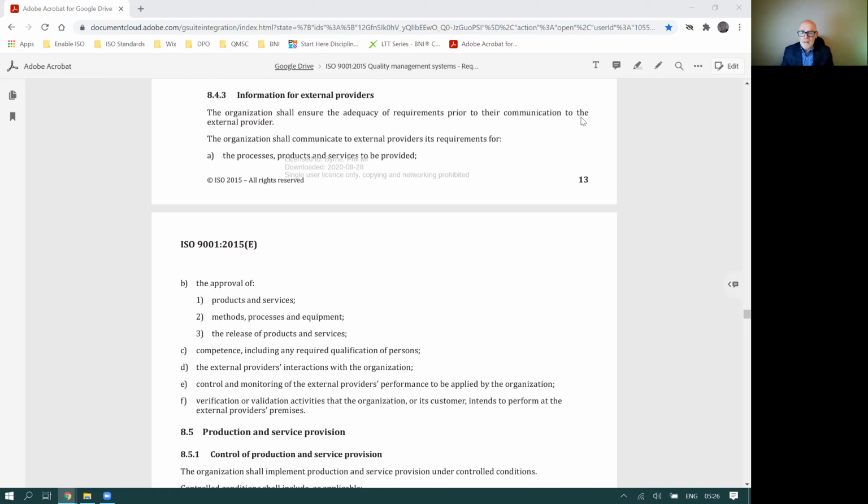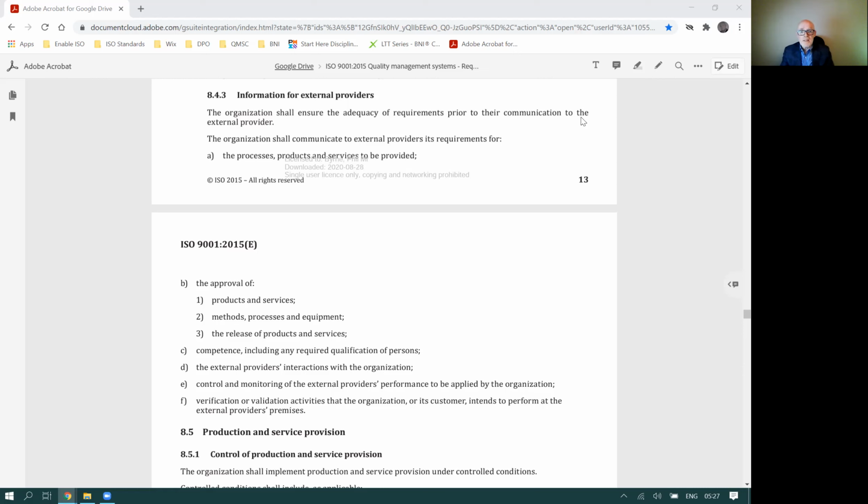Because there could be a requirement to include a non-disclosure agreement, and there could also be a requirement for a data processing clause within that service level agreement. So be thinking contractual arrangements when you're reading through and trying to understand information for external providers. The best way to communicate it is by contract.